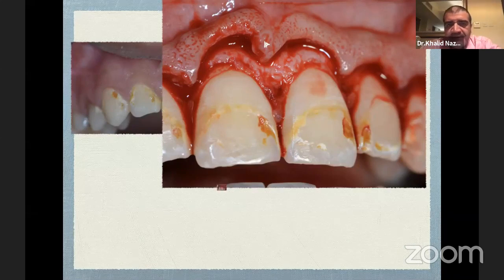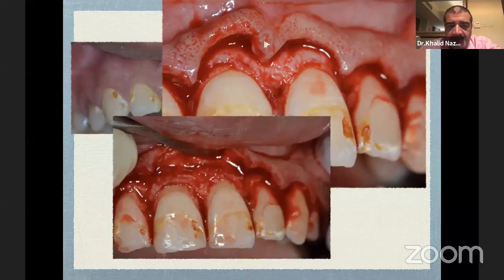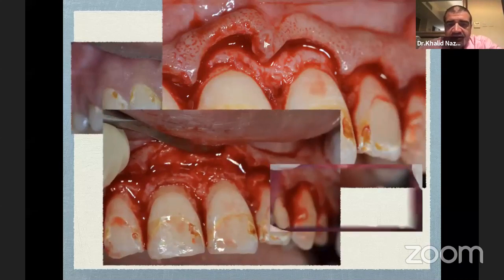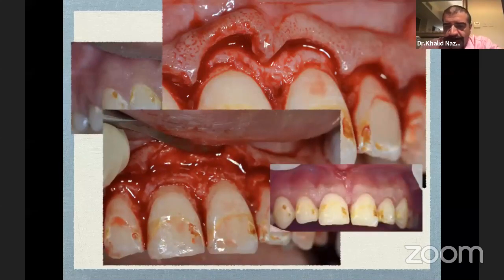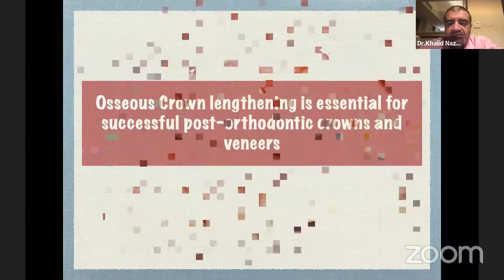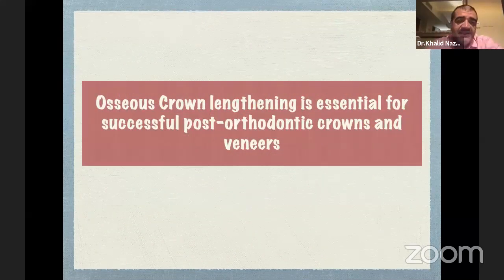You can see why this patient was not happy with the outcome. All we did in this situation was give her enough tooth structure to enable the restorative dentist to place a set of veneers. So osseous crown lengthening is essential for successful post-ortho crowns and veneers. Don't ignore that, and don't think that simple gingivoplasty is going to solve any complication after ortho.